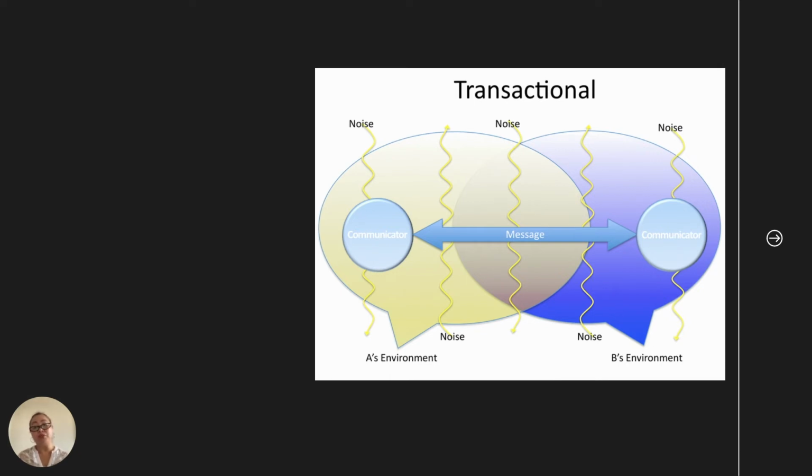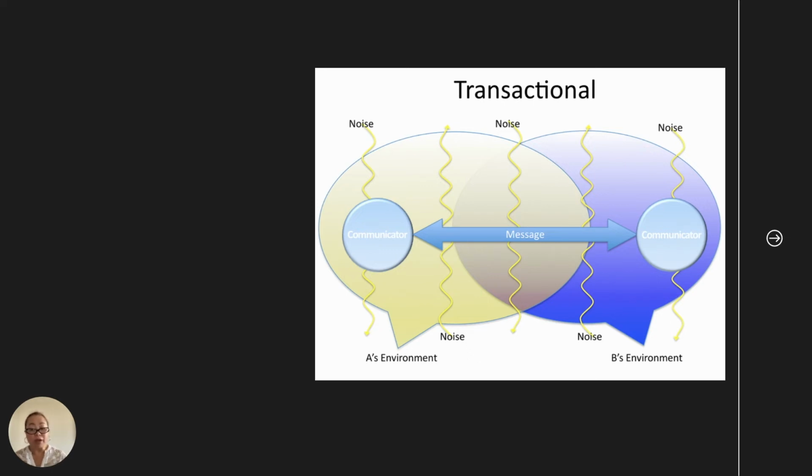This implies that communication is achieved as people both send and receive messages. The model views communication as a transaction, meaning communication is cooperative action in which communicators co-create the process, outcome, and effectiveness of the interaction.